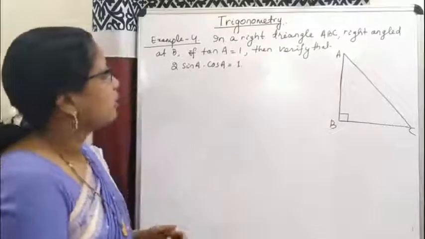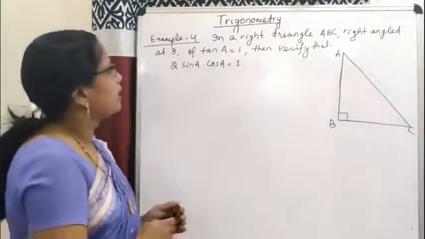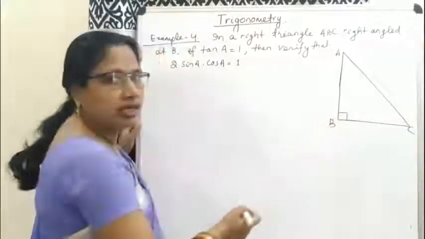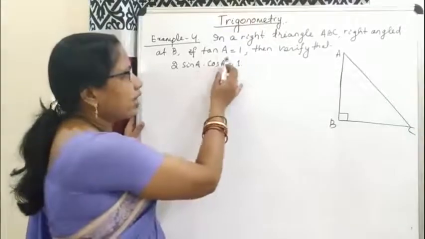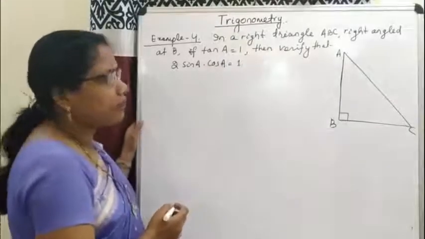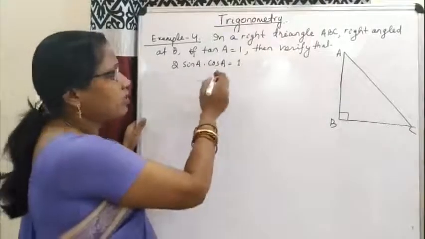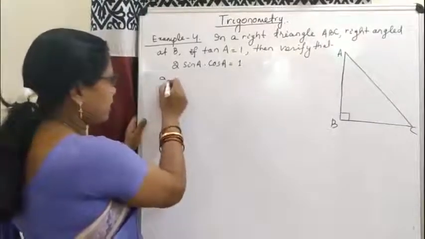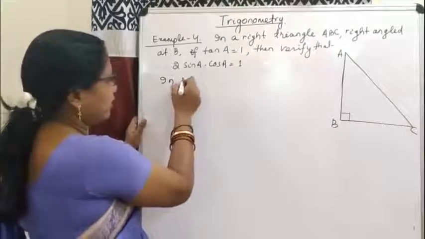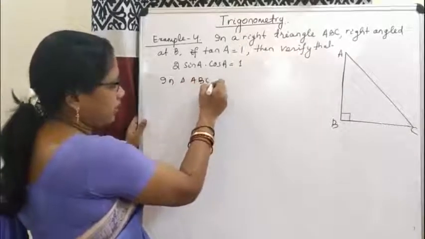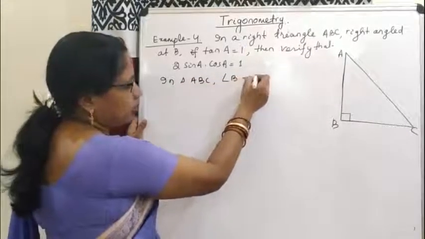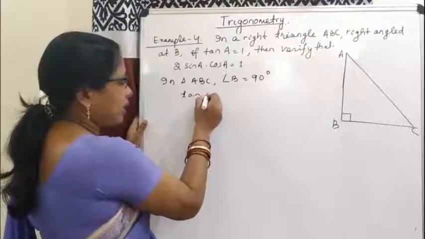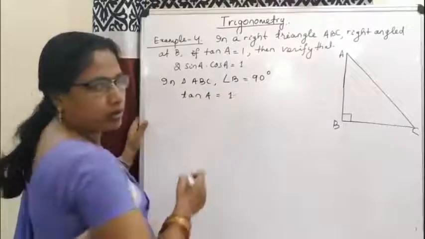Next example. In a right triangle ABC, right angle at B. So here in this triangle ABC, angle B is 90 degrees. If tan A is equal to 1, then verify that 2 sin A cos A is equal to 1. So here it is given that in triangle ABC, angle B is equal to 90 degrees, and tan A is equal to 1.